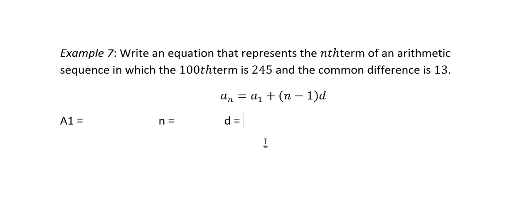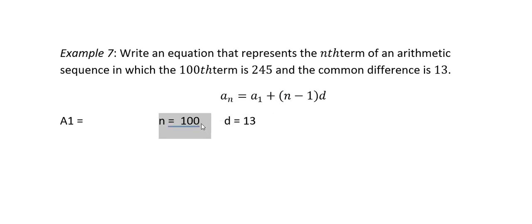So very clearly the last thing they tell you is that the difference is 13. That's easy. We know what happens when n is 100. So we're going to say we know that n is 100.